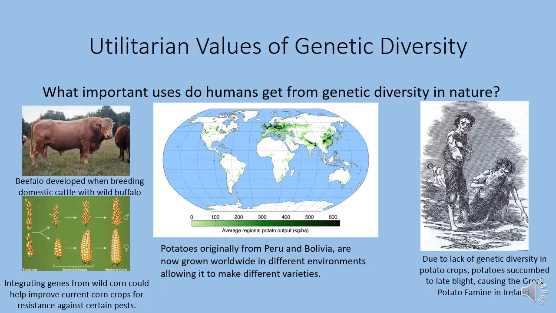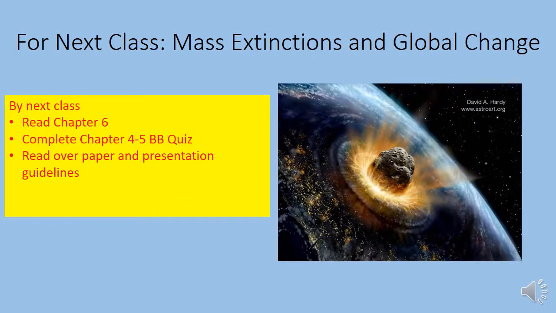And this is what happened in Ireland for the Irish potato famine, and many people starved to death because they were relying on those potatoes for their food. It got potato blight, and they all died, and the people all died. Then a whole lot of people migrated to the U.S. They immigrated during this time because they were starving to death. Okay, so this is what happened. So it's crazy.